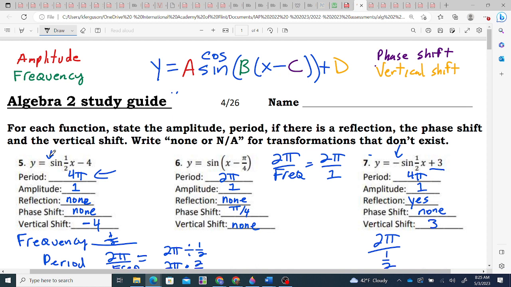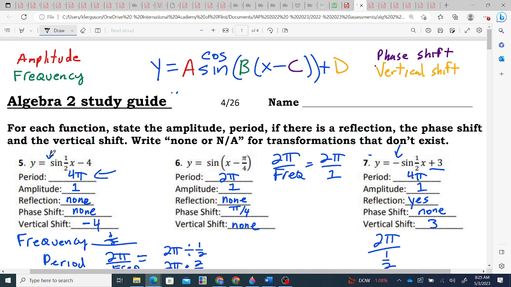So the amplitude is 1. Next, the 1/2 is the frequency.